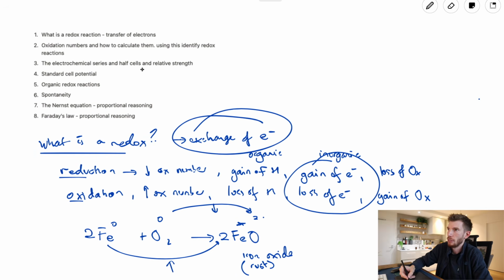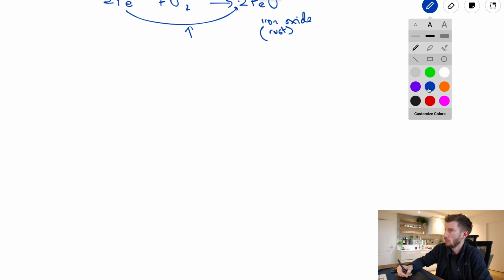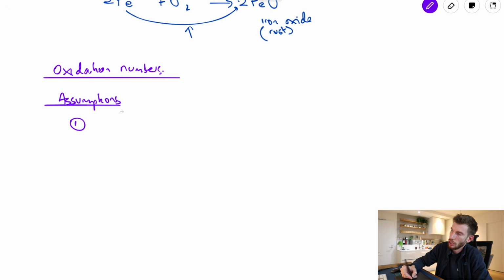So coming back up, the next thing that we have is oxidation numbers and how to calculate them. The classic way that we calculate them is we make certain assumptions. So the assumptions of oxidation numbers are going to be, number one, if it's a pure substance, and what this means is any substance or compound that has only one element in it.